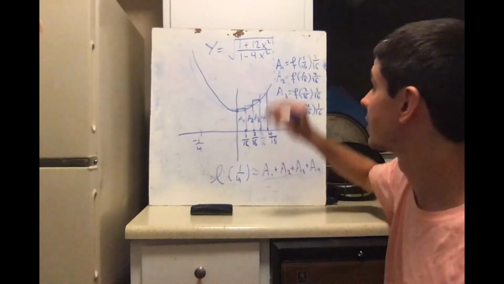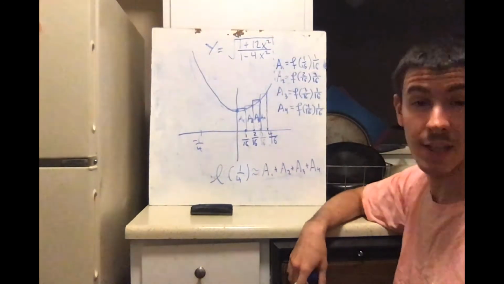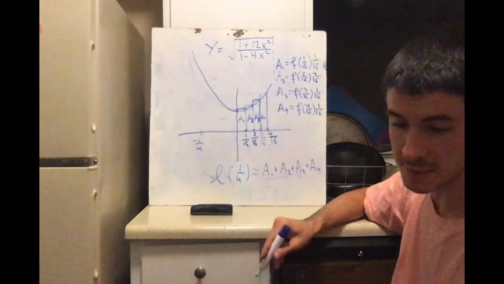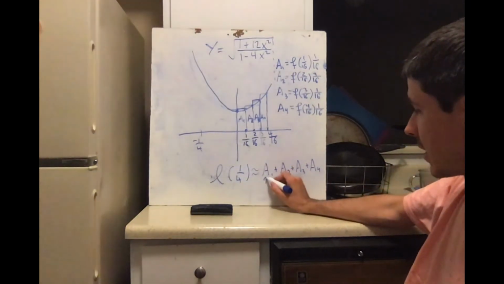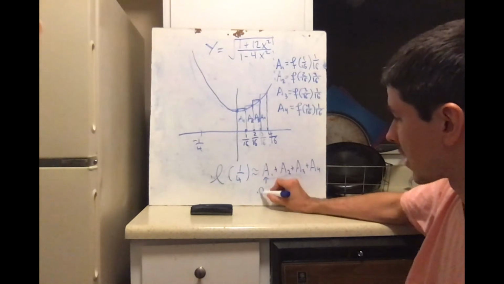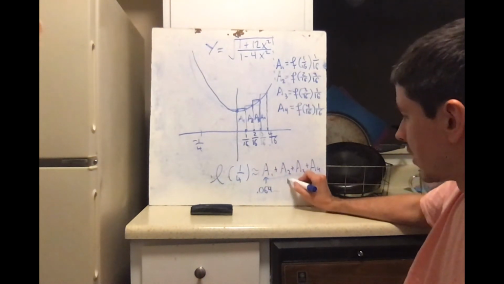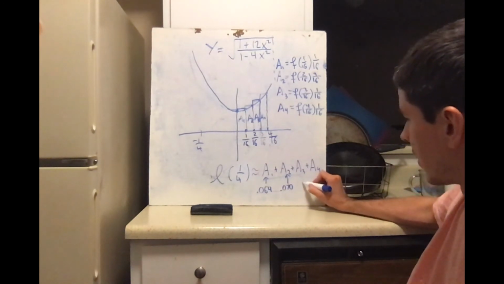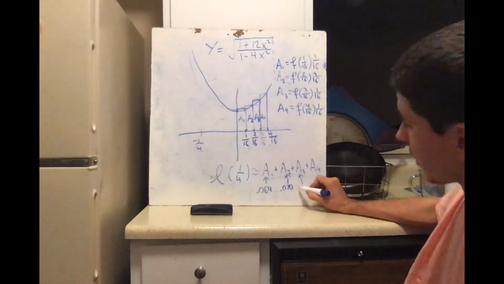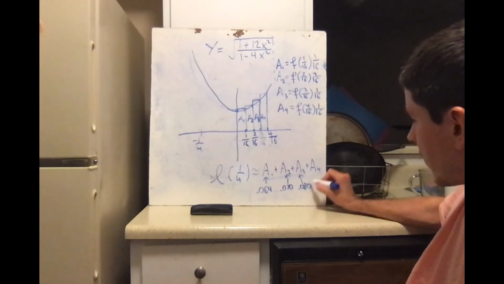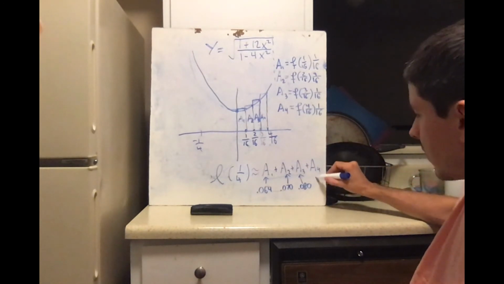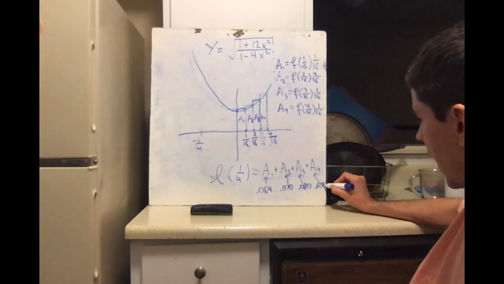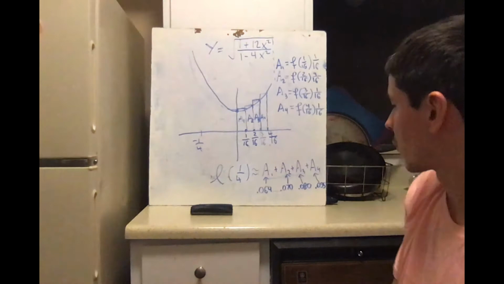Doing that by hand would be quite tedious and cumbersome, but I typed it into a computer, and I found that A1 equals 0.064, A2 equals 0.070, A3 equals 0.080, and A4 equals 0.095.